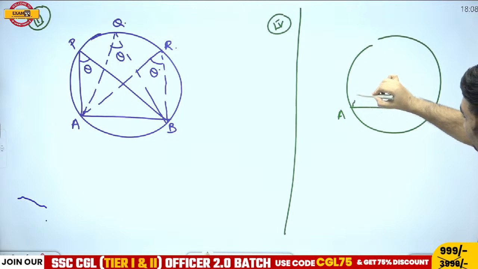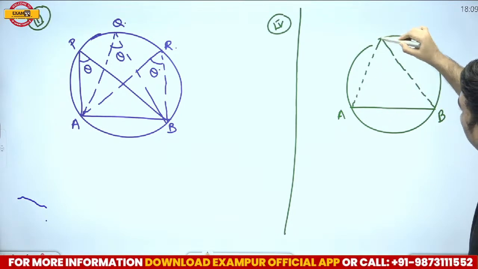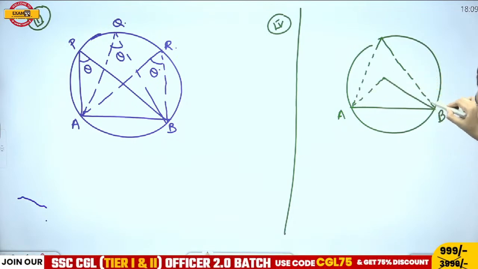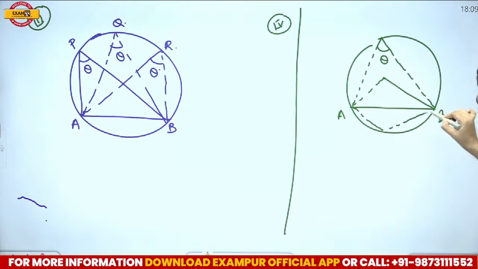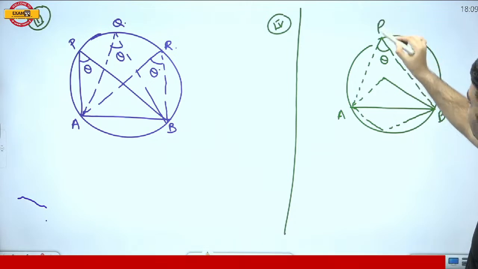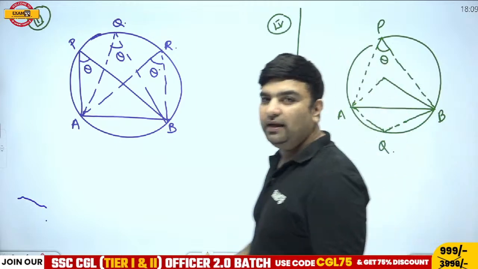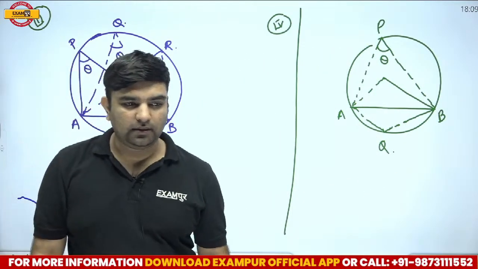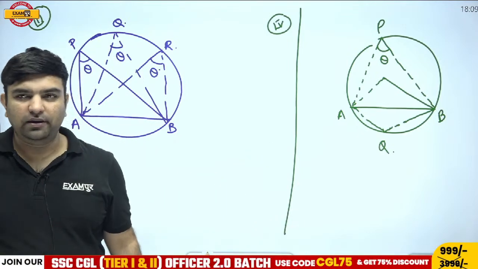If at any point on the circumference in the major arc it has subtended theta, then what is the angle going to be subtended by it at a point in the minor arc? Come on, now you have to reply from your previous knowledge.